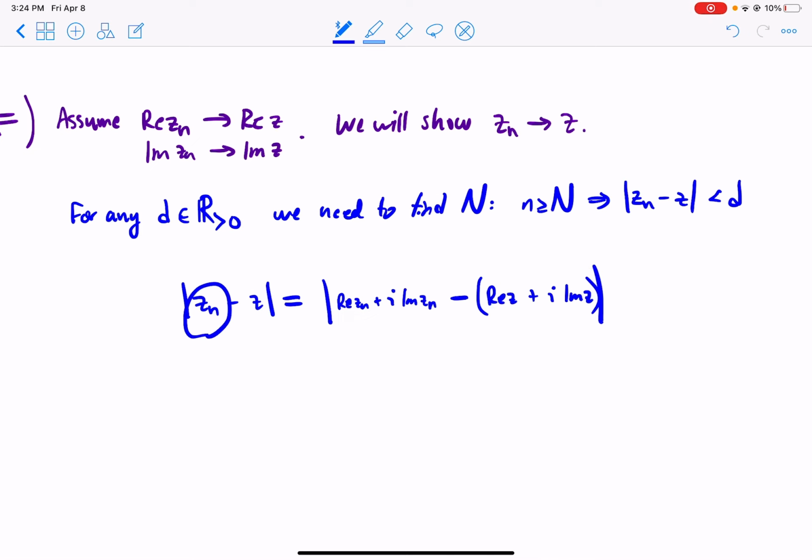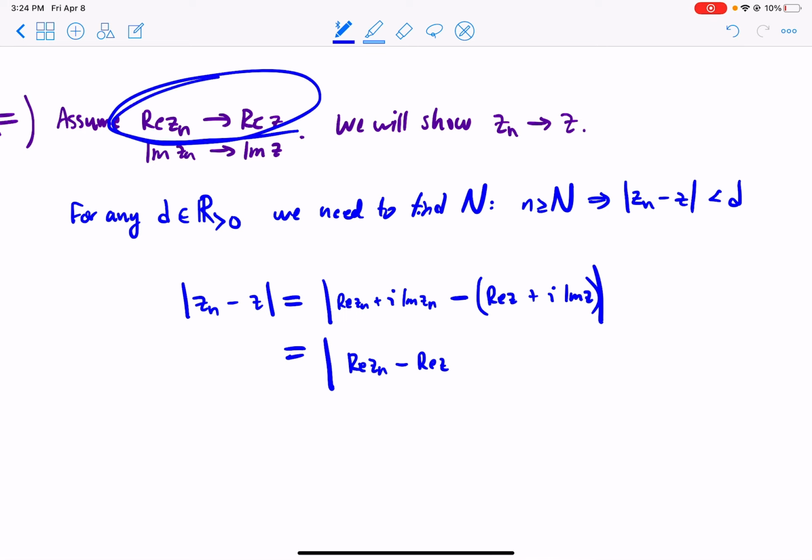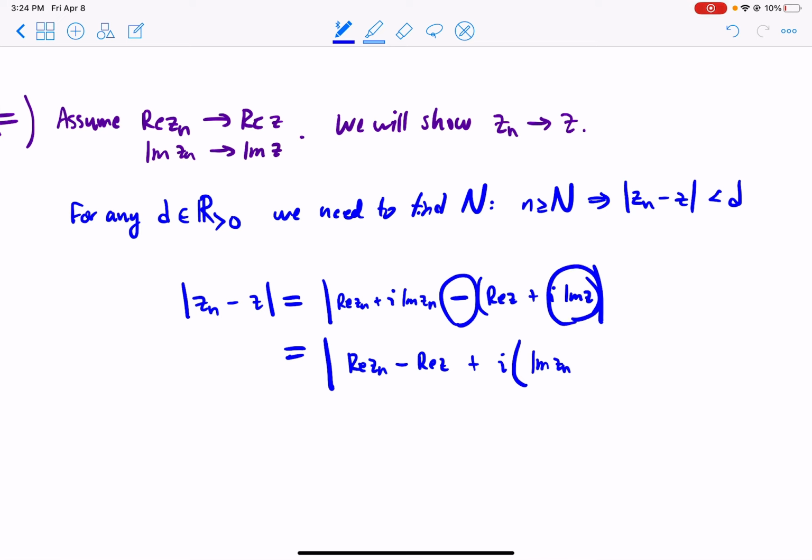I zoomed into z sub n, and it has a real and imaginary part. Now I'm going to rearrange: the real part of Zn minus the real part of z, because that's exactly what I have control over. By my assumption, I'm assuming those converge, so I have control over this difference. And then plus I times the imaginary part of Zn minus the imaginary part of z.